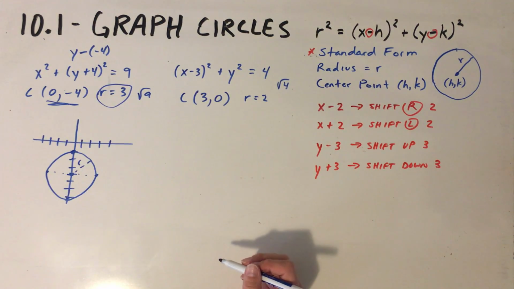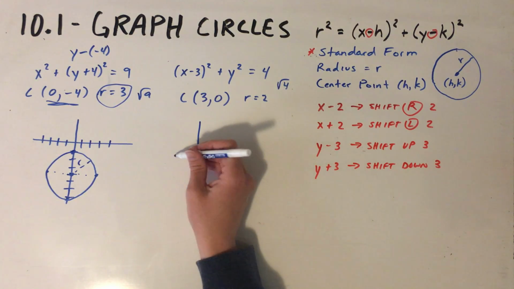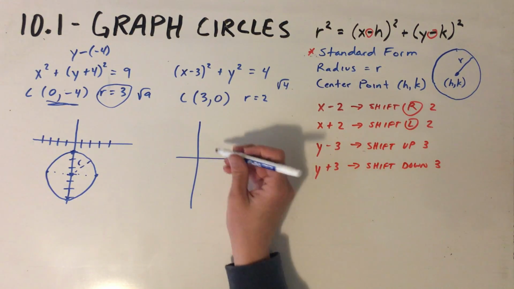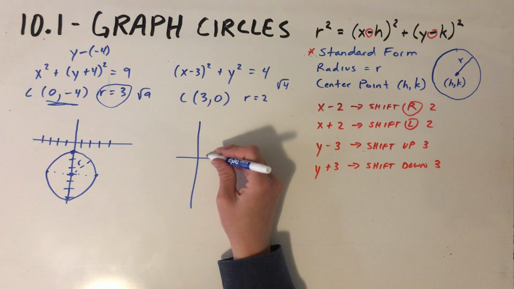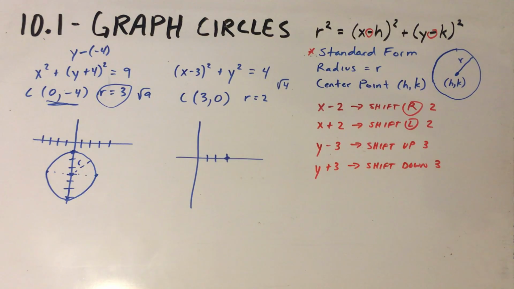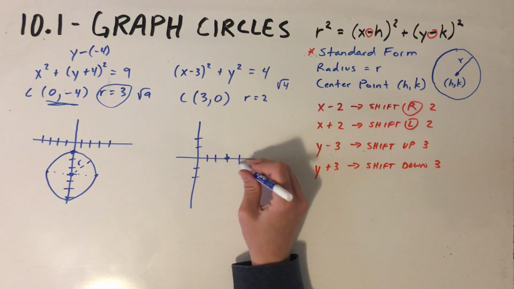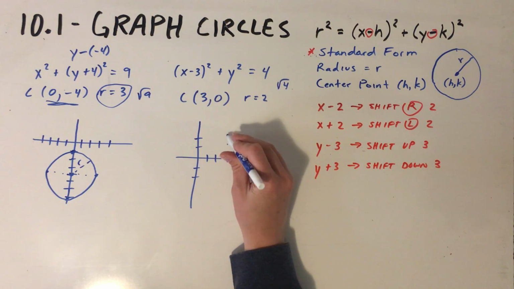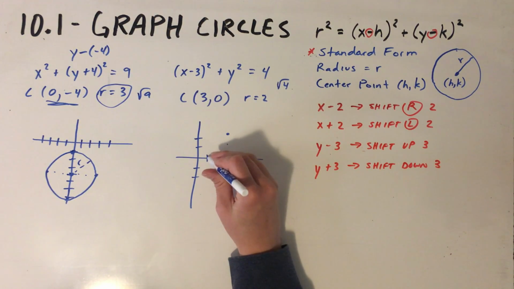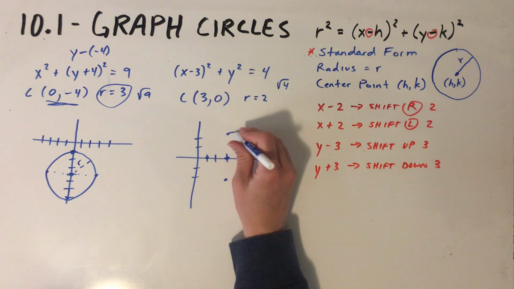So what does this look like? Well, this is going to be a circle that is shifted 3 to the right. So my center point will be right here, and it will have a radius of 2. So from that center point, I'm going to go out 2 in every direction, and then complete this circle.